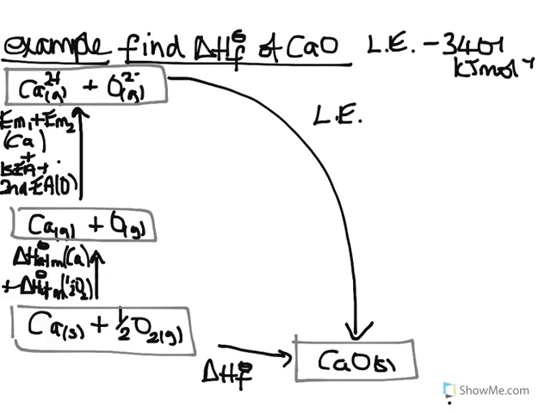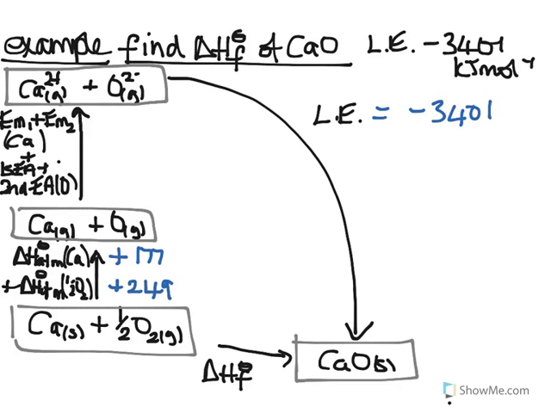So let's put in some numbers, starting with the lattice energy that we know. If we look up atomization of calcium, we find it's plus 177 kilojoules per mole. Atomization of oxygen is plus 249.